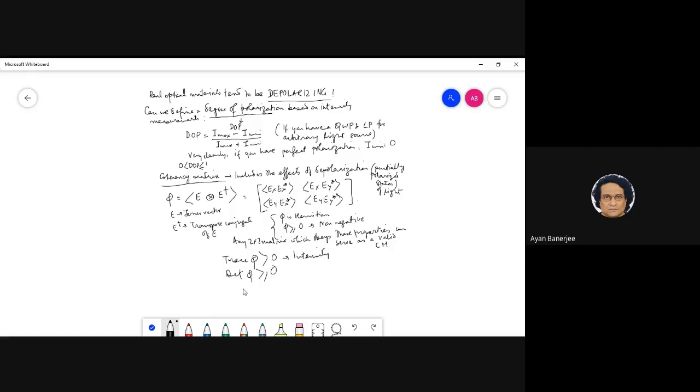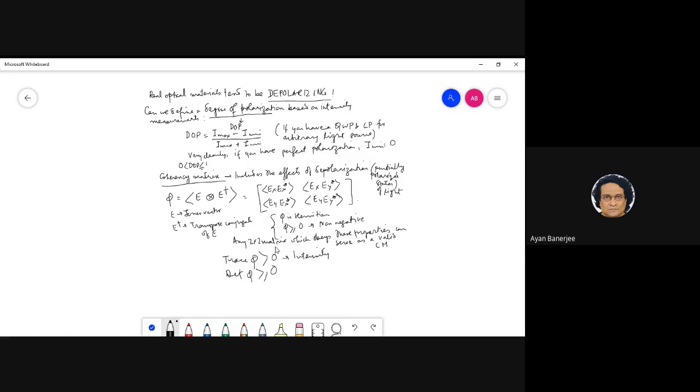So actually, a positive determinant is nothing but a measure of depolarization, right? Because these off-diagonal terms essentially will become non-zero then, when it will be lesser than this. So when you do a time average, for totally polarized light, this minus this will become 0 because these are the same.